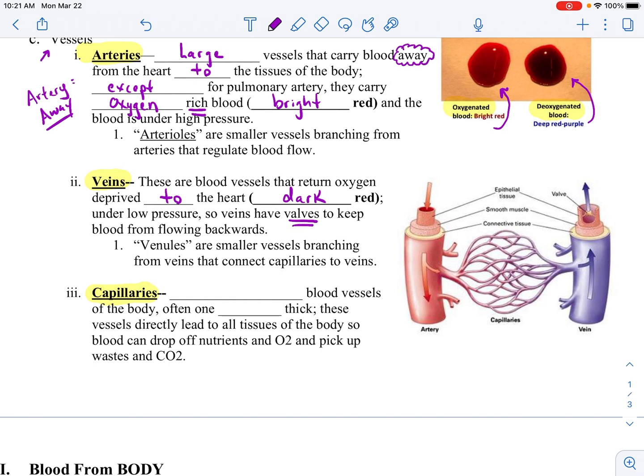Veins have valves to keep the blood from flowing backwards. So veins are going to the heart, and veins have valves. You can kind of see that valve here. Arteries do not have valves. So the heart would be up here. Arteries would take blood away, and veins would take blood to the heart.